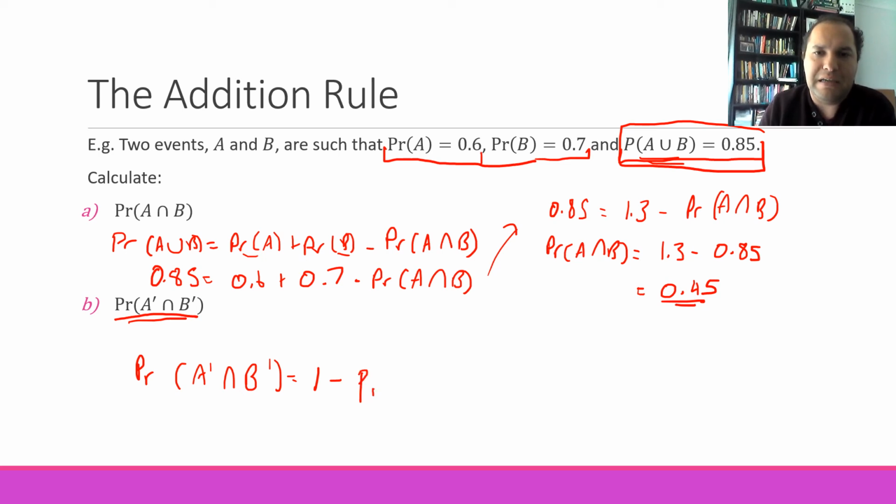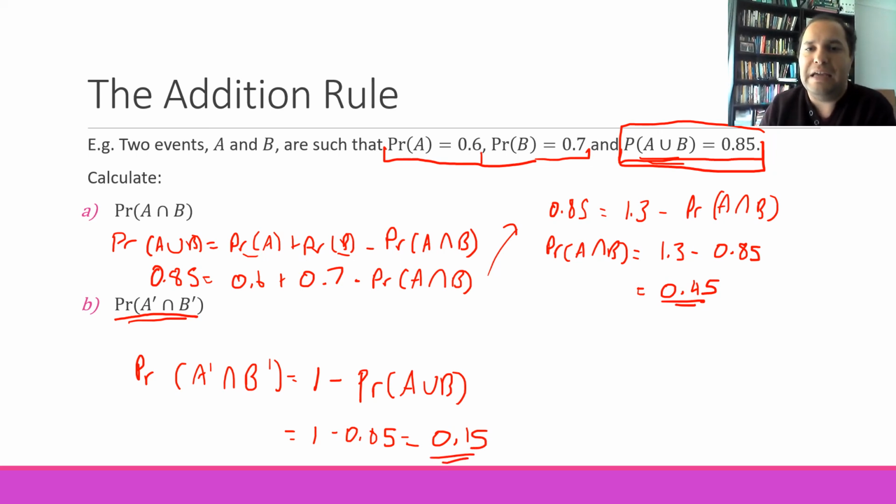So the probability of 100%, take away the probability where one of those things happens, so there's a 0.15 or a 15% chance that neither A nor B happens, because we know it's 85% chance that one of them happens, or at least one of them happens. So whatever's left over, 15%, that's our probability that neither will happen.